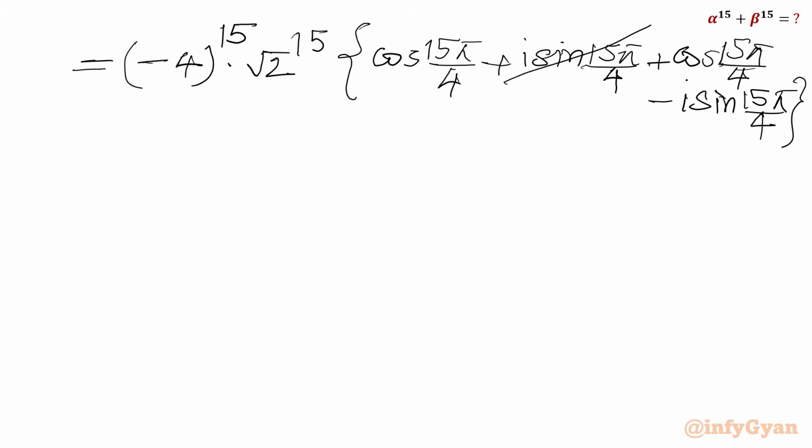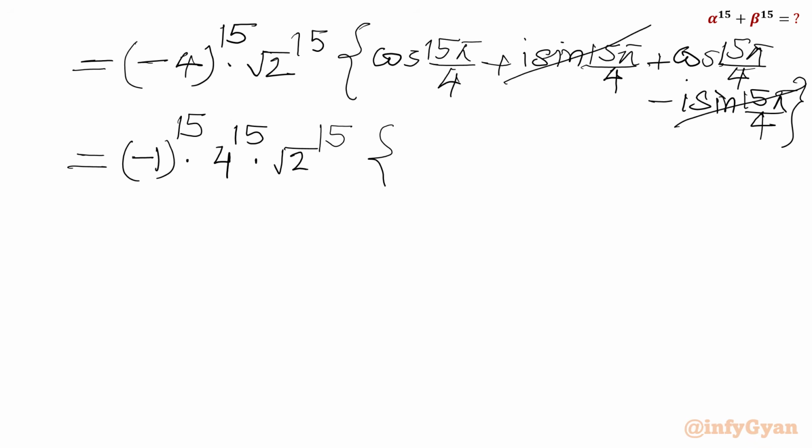Now these two terms we can cancel out. So it is coming out: I will write minus 4 whole power 15 as minus 1 whole power 15, and then 4 power 15. Then we have root 2 power 15. Then we are getting here 2 times cos 15 pi over 4.